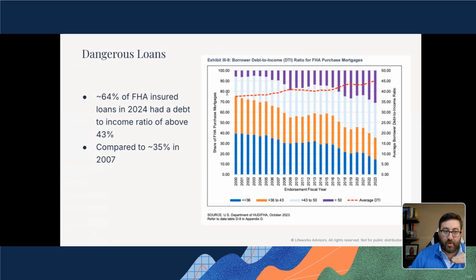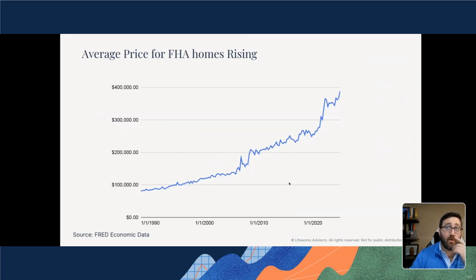So when you get to a 43% income ratio, that means these houses are really unaffordable to the people that are buying them. So these loans are being issued almost with a fair certainty that the person that is buying them cannot afford the house that they're going into, which is going to have ripple effects that affect the overall housing market.